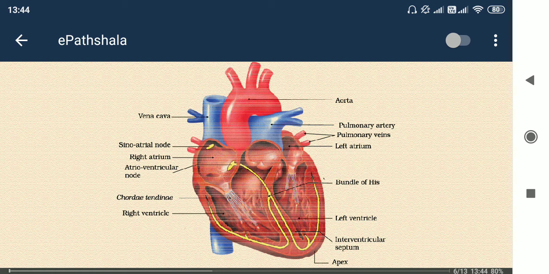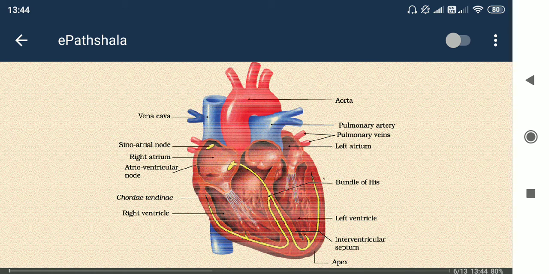After that, the bundle of His gives two branches. One goes towards the right ventricle, and the other towards the left ventricle. Those branches are known as Purkinje fibers.